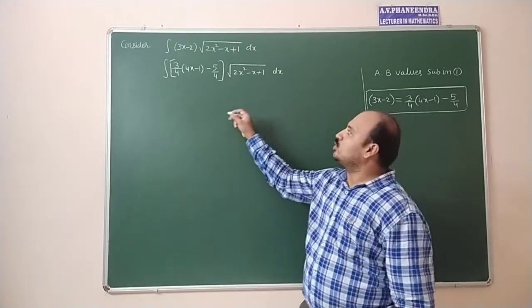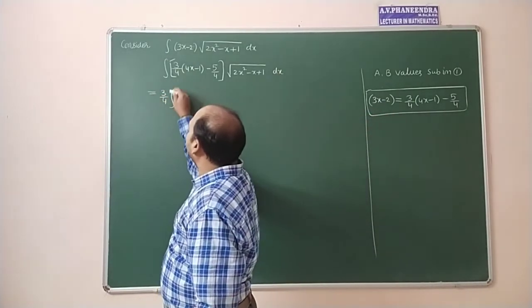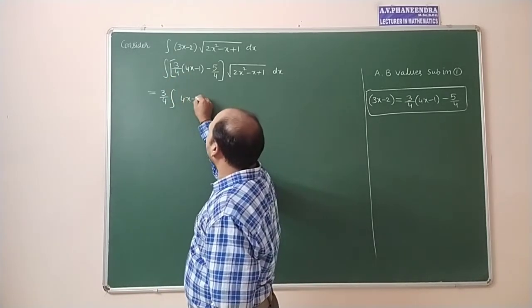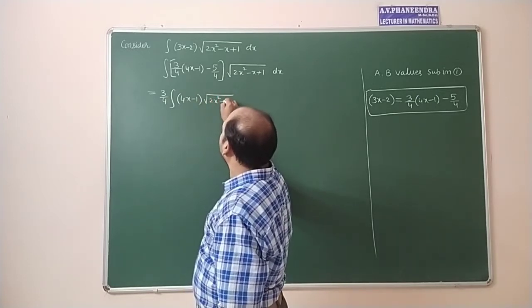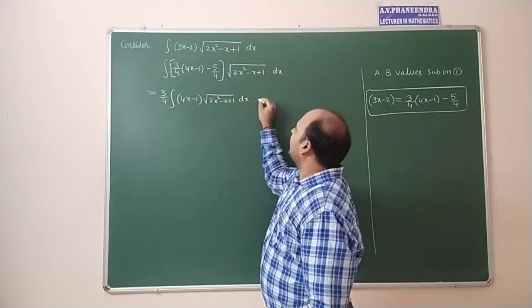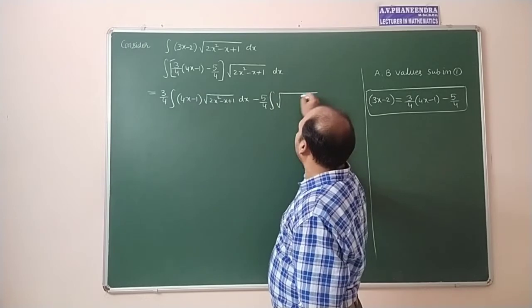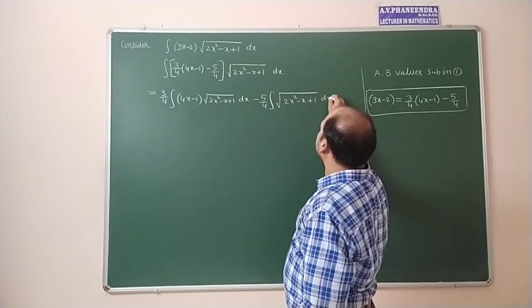Now splitting into two integrals. The constant 3 by 4 we can take outside, the remaining is 4x minus 1 into square root of 2x square minus x plus 1 dx, minus 5 by 4 into integral of square root of 2x square minus x plus 1 dx.